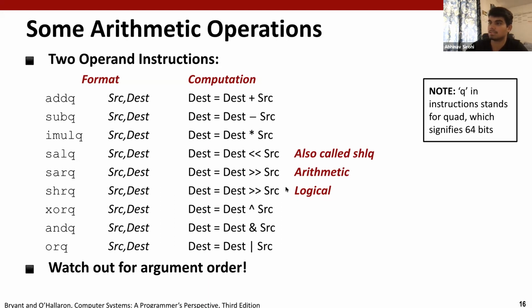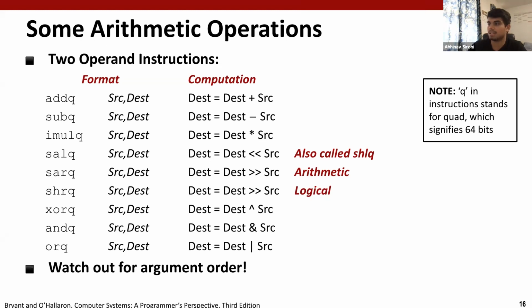You know the differences between those. Then we have the XOR, which just XORs the destination with the source, and then the and and the or. The Q in these instructions stands for quad, which signifies 64 bits, so the Q just signifies the size of the parameters of the instruction.